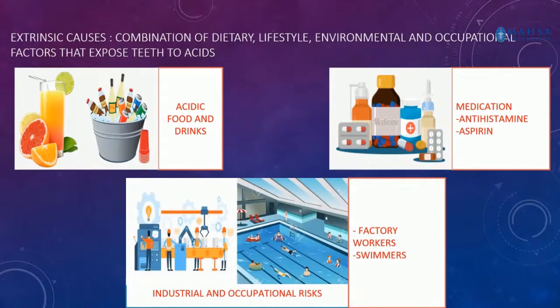Airborne industrial acids are implicated in dental erosion among factory workers, particularly in munitions, battery, and fertilizer. Swimmers frequenting poorly monitored chlorinated swimming pools have been reported to have increased levels of dental erosion, attributed to lowering of the water's pH balance.